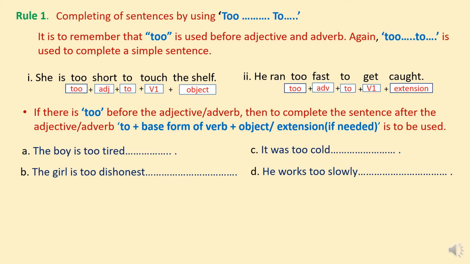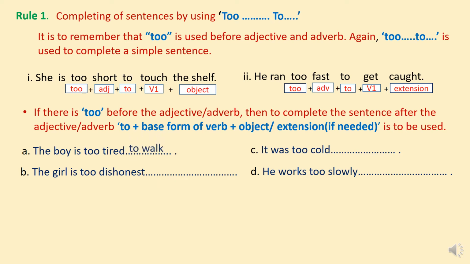So we know that after the adjective, what can we use? To plus base form of verb. That is any suitable verb which matches with the statement. Now let us fill up according to the structure. The boy is too tired to walk.